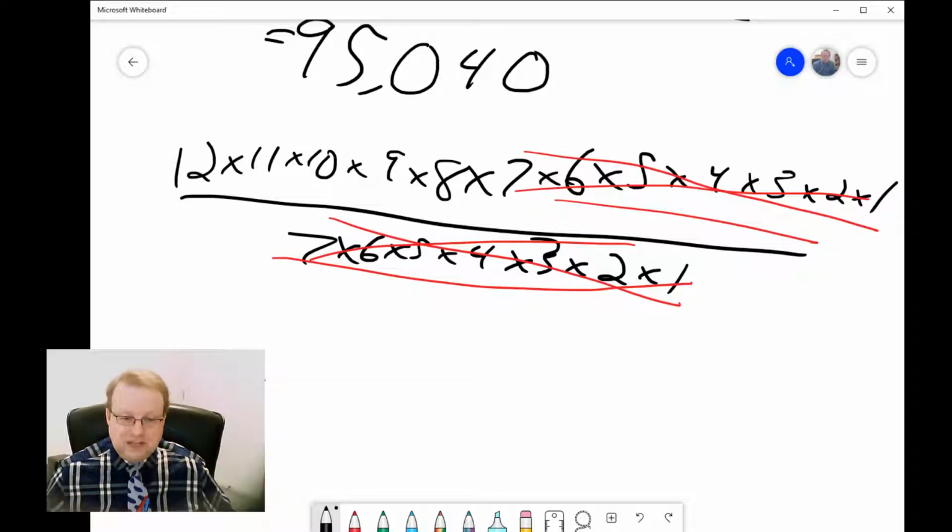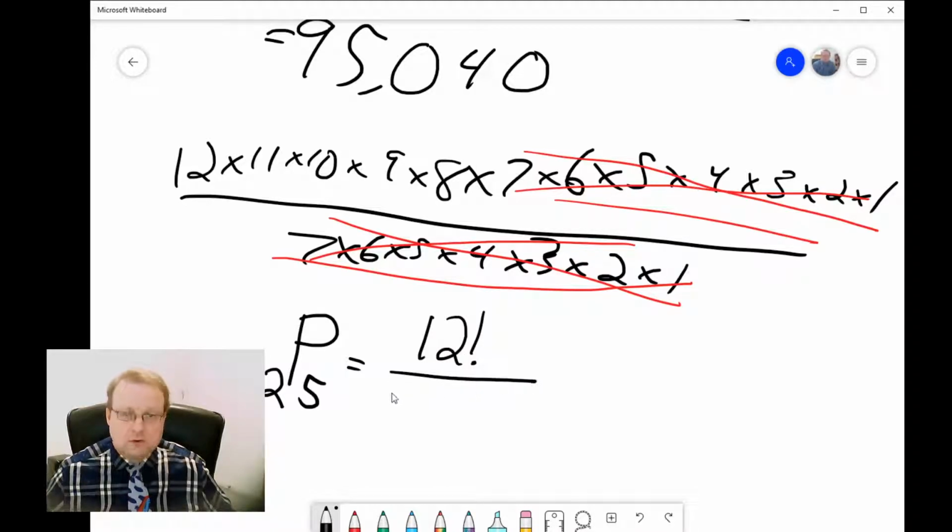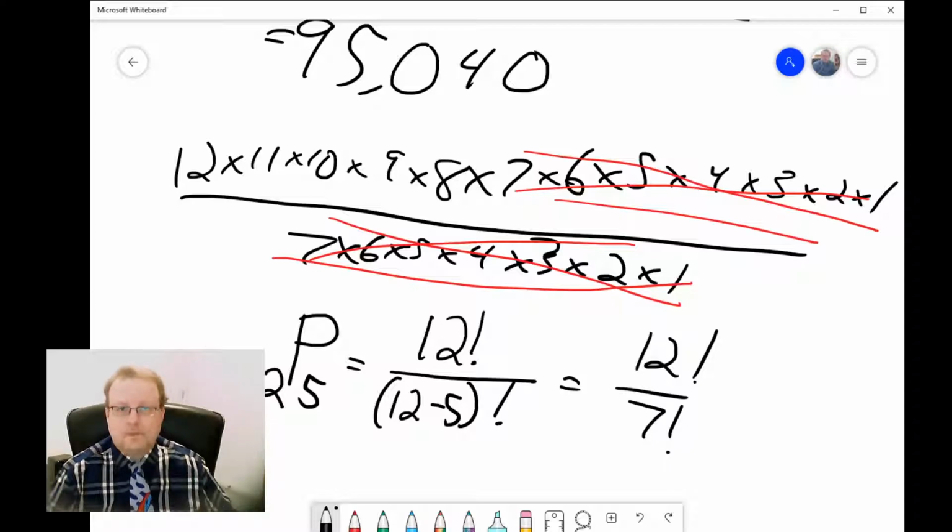So if we take 12 people and we want to permute 5 of them, then we have 12 factorial over 12 minus 5 factorial, or 12 factorial over 7 factorial.